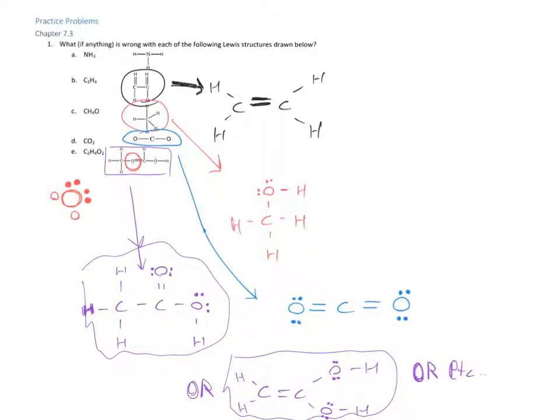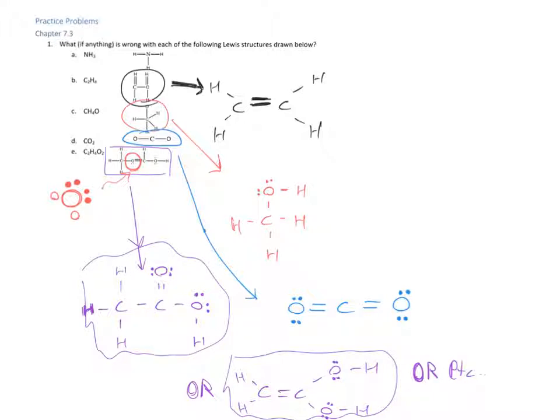Now, if we look back at the oxygen that they drew in their Lewis structure, it's only got 1 lone pair, and it is involved in a total of 3 bonds, a double bond and a single bond. This oxygen is what makes that Lewis structure incorrect.